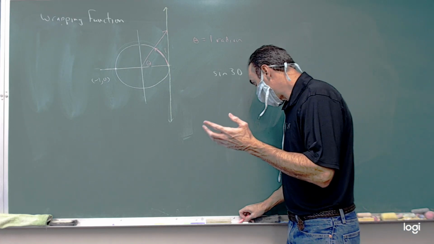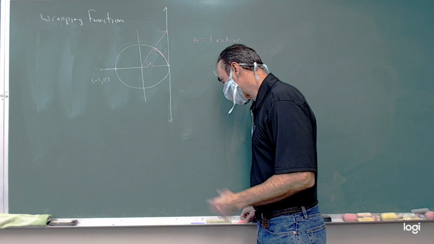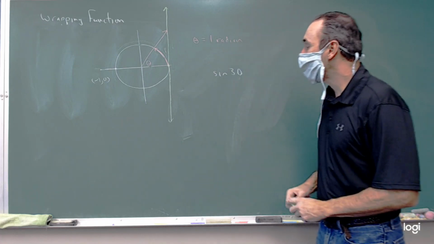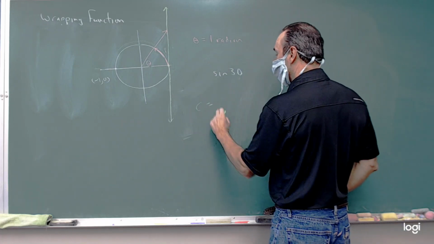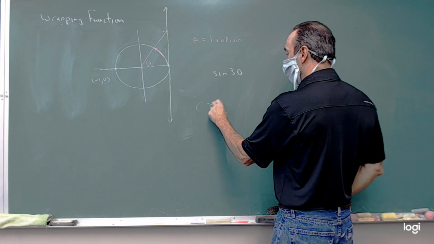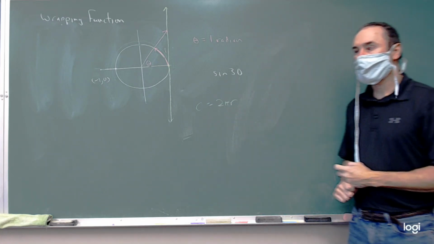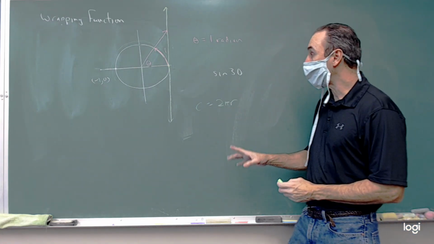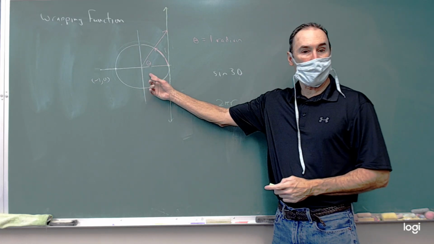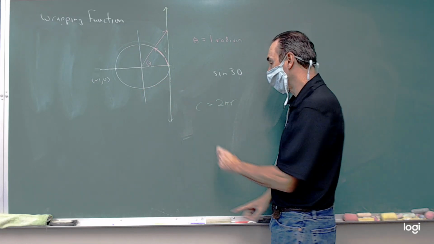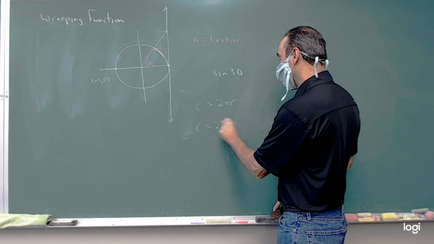Now, let's get to Ronan's question, which is a good one. What's this connection to pi? Well, what we know is that the circumference of a circle is 2 pi r. In our case, we have chosen this circle to have a radius of 1, which means that the circumference is 2 pi.